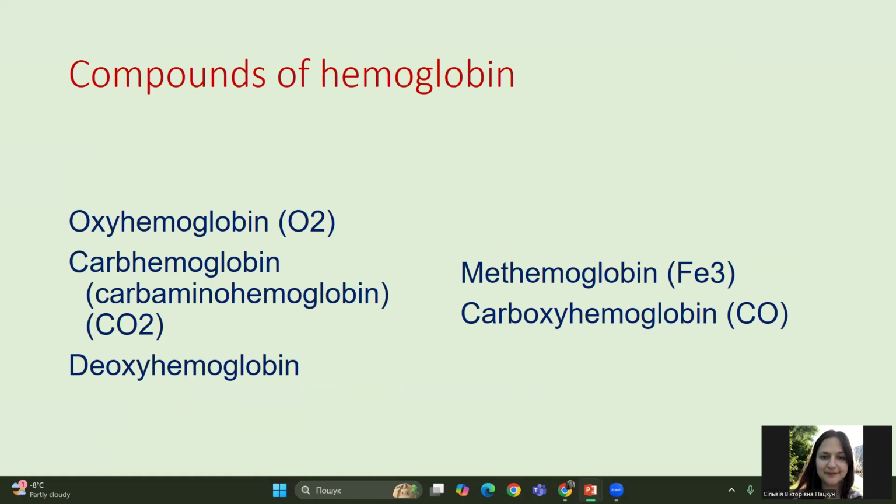So it's oxyhemoglobin, compound of hemoglobin with oxygen, carbhemoglobin or carbaminohemoglobin, compound with carbon dioxide, and deoxyhemoglobin, so hemoglobin which already released oxygen to the tissues. Pathological compounds, so it's methemoglobin, in that case, divalent iron becomes trivalent, and carboxyhemoglobin, it's a compound with carbon monoxide.